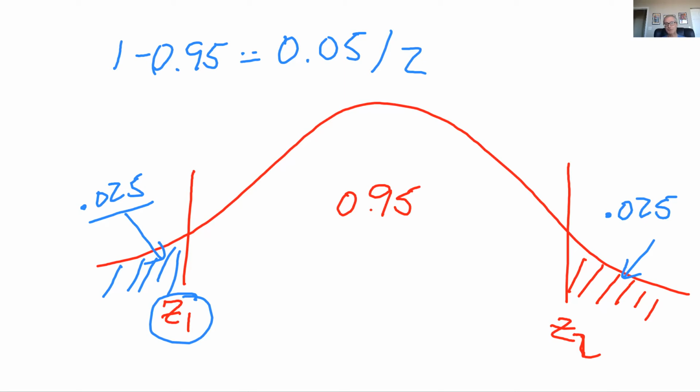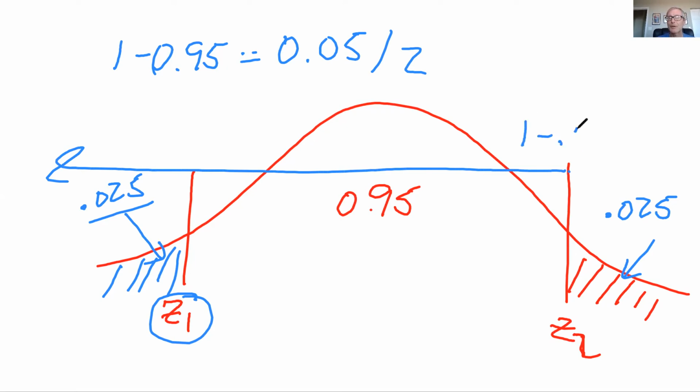Well, that one's a little tricky, because to get the top one, you want all this here. And so that would be 1 minus 0.025 for the area that you put into our z-score here.